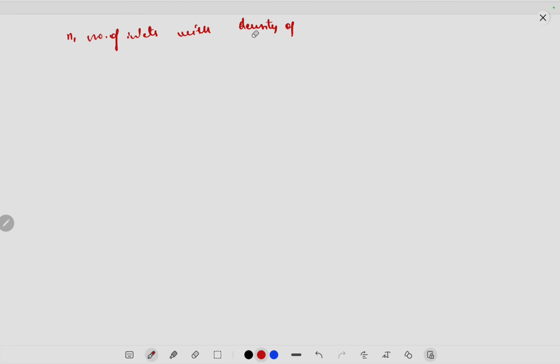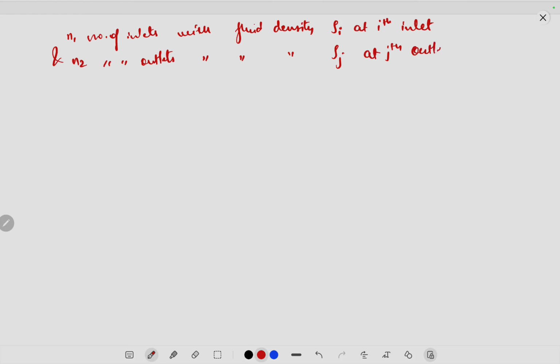So let's say we are given different fluids with fluid density rho i at the ith inlet, and n2 is the number of outlets with fluid density rho j at the jth outlet. Okay, so then how would the equation look like?